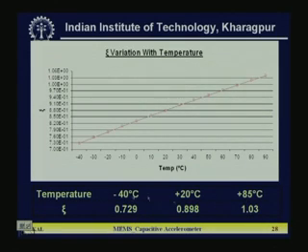That means it is not a wide variation, and our targeted value of xi, given in the first slide, was 0.7 to 1.2. Over the whole temperature range of -40 to +85 it is within that range. So, we can go for that particular design which we stated earlier.